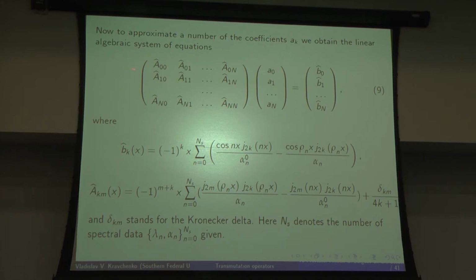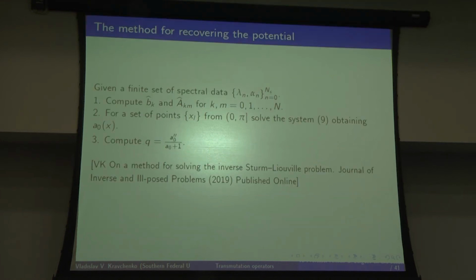So I am considering this truncated system and solving it. This is the whole algorithm, in fact. Compute these truncated entries of the system. Then for a set of points, solve the system, obtain A naught, and then compute Q. So this is the whole procedure.